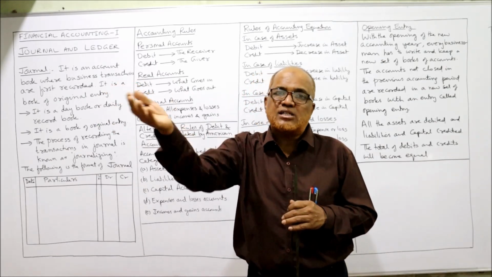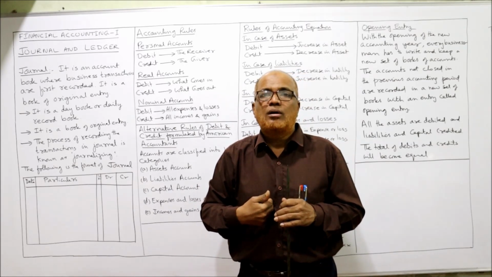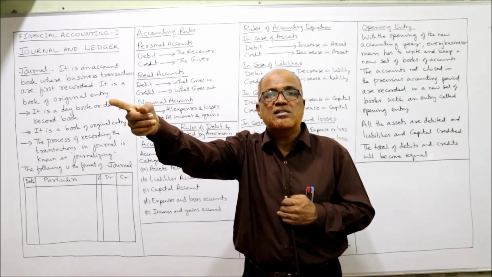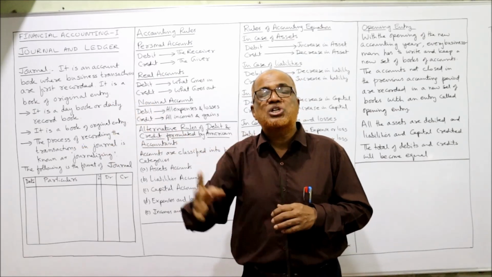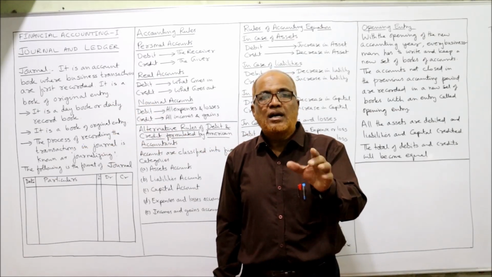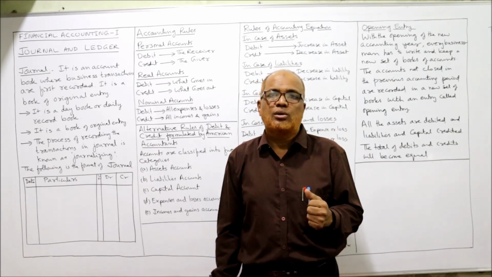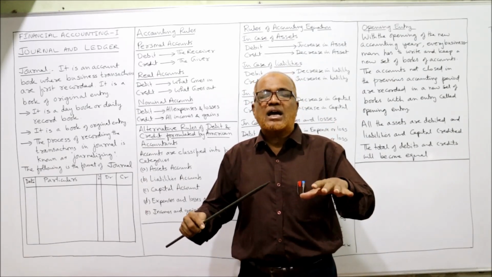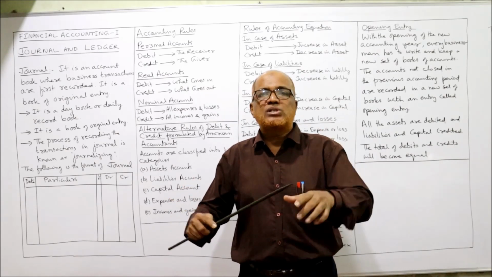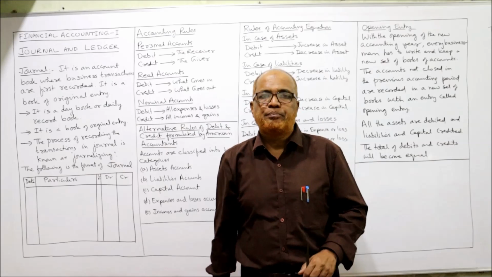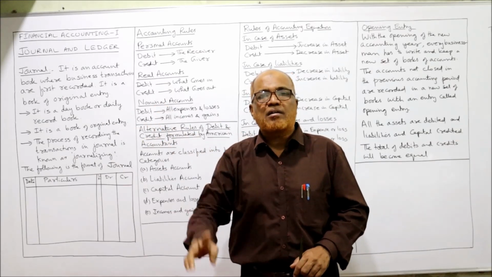Suppose Mr. X has paid the amount to us. So Mr. X is the giver. His account is credited. The rule is debit the receiver, credit the giver in personal accounts. So whenever we have a transaction with a person, we have to see whether that person is a receiver or giver. If he is a receiver, debit him. If he is a giver, credit him.